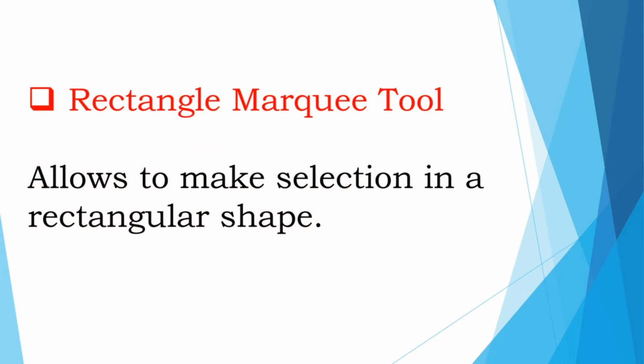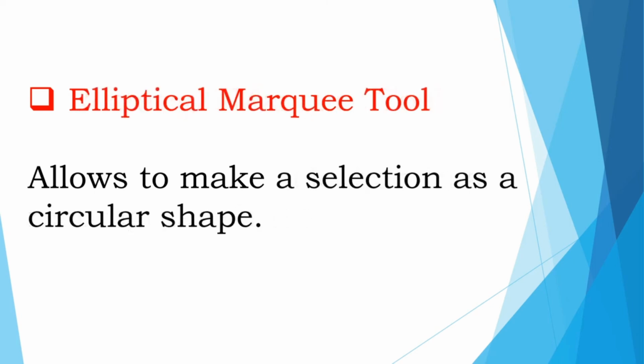Rectangle marquee tool, which allows you to make a selection in a rectangular shape. Elliptical marquee tool allows you to make a selection as a circular shape.